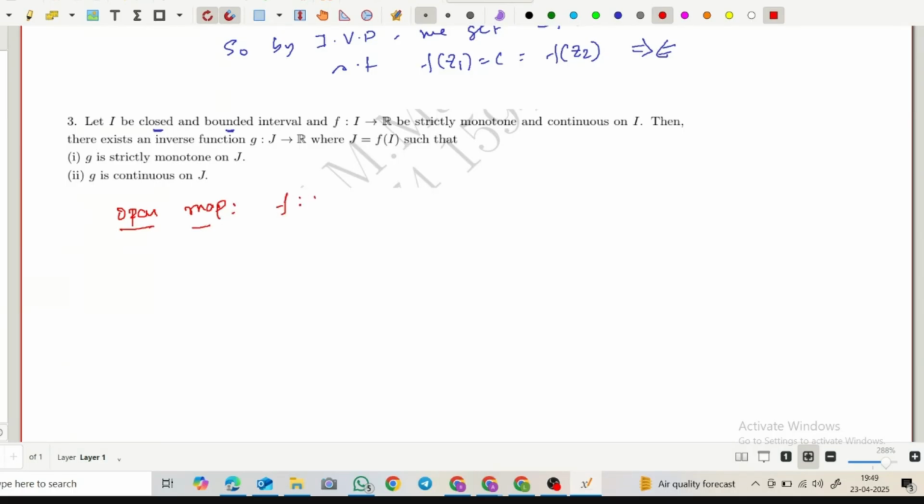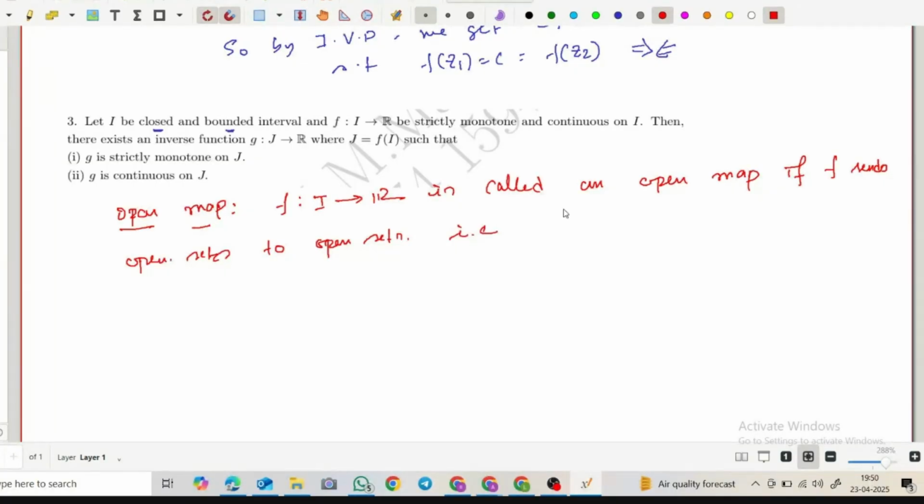A map f from I to R, where I is any interval, is called an open map if it sends open sets to open sets.